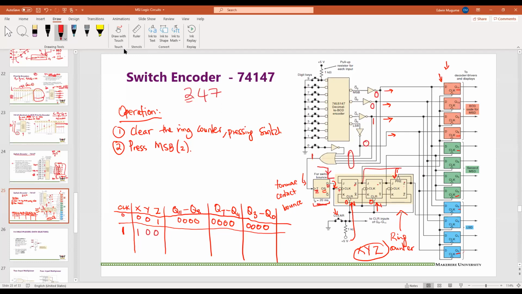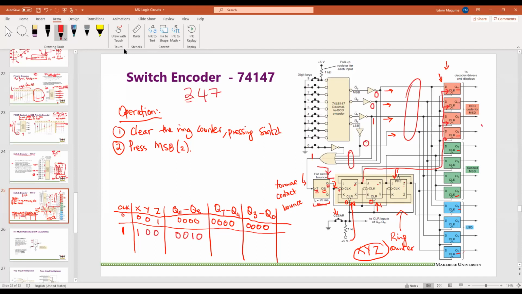That line is going to clock that flip-flop, that flip-flop, that flip-flop, and that flip-flop. Now, because these flip-flops have got the right PGT, this 0010, which was at these lines, now will shift into that. That means our Q11 to Q8 will now be 0, 0, 1, 0.